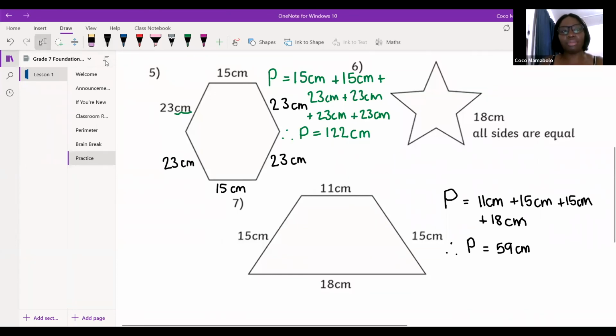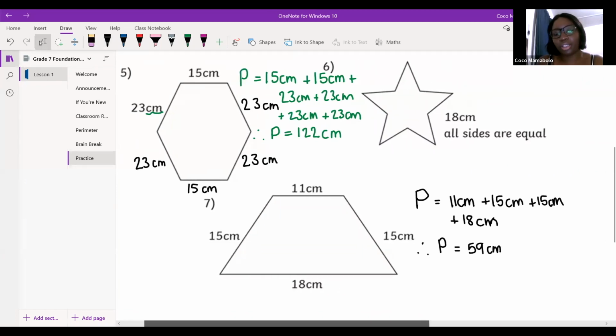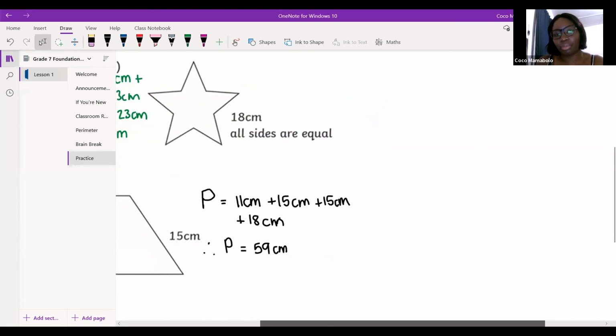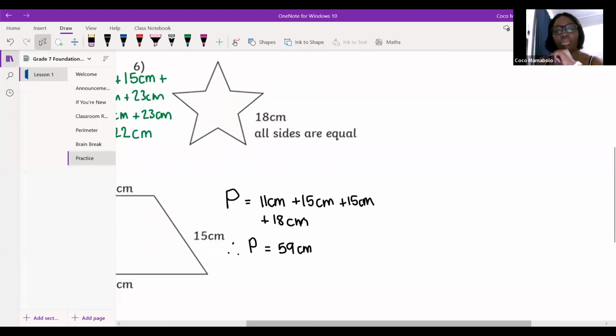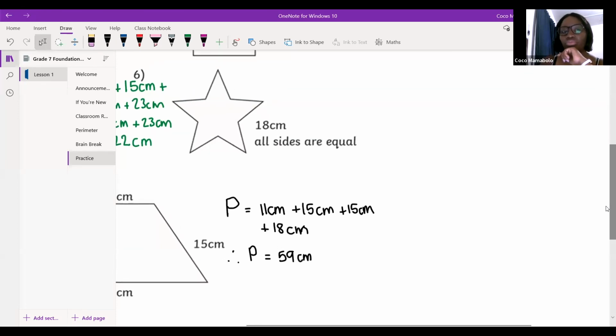I want everyone to type the answer for number 6 in the chat for me, because I know you guys know the answer to number 6. Can you put the answer to number 6 in the chat for me? Keisha says 90 centimeters.